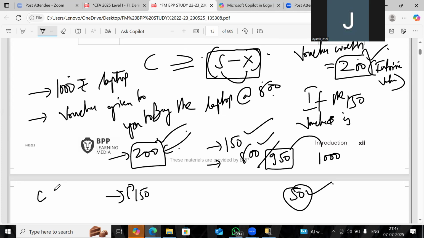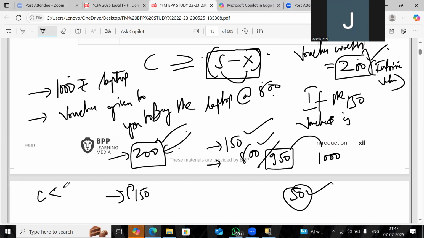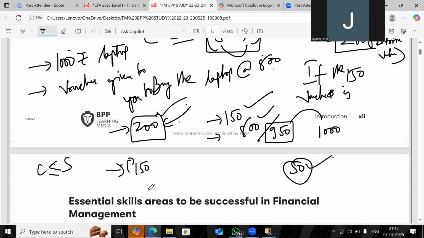The call option value should always be less than what? Less than or equal to the stock, not more than that. And the call option value cannot be less than the intrinsic value, that is stock minus strike.